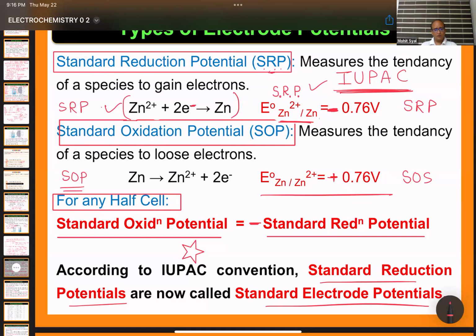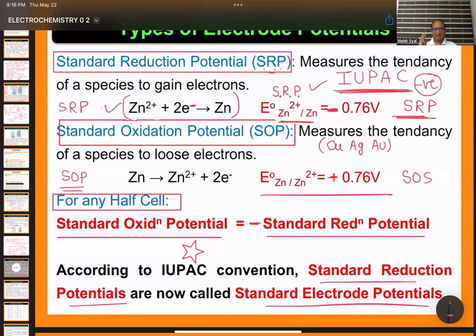Most of the metals, except copper, silver, and gold, have negative SRP values, because metals are electropositive, and they can lose electron, but they can't gain electrons.